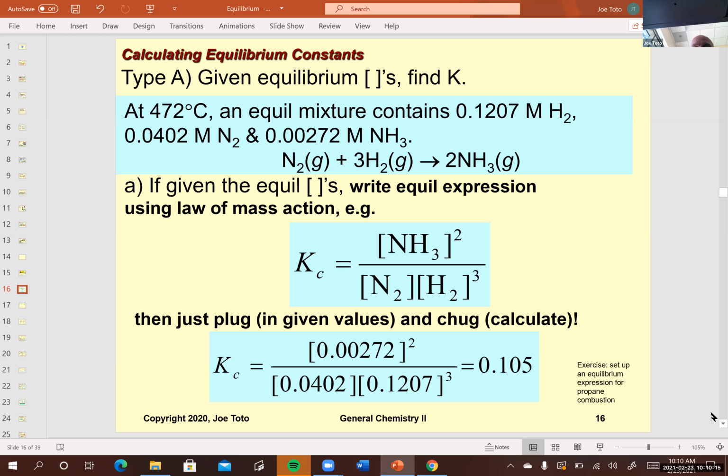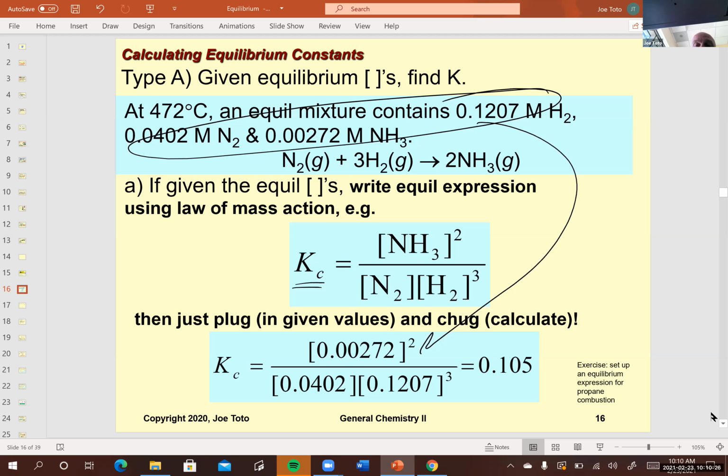So all you have to do is apply the law of mass action in the definition of the equilibrium constant and plug in the values that they give you, making sure that the stoichiometric coefficients are represented because that's how it's defined. And you calculate your equilibrium constant.